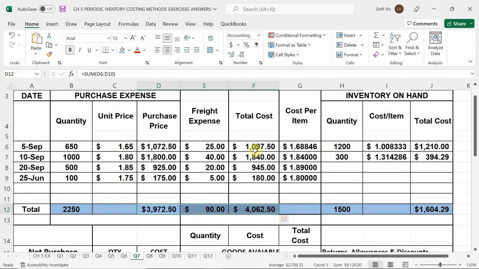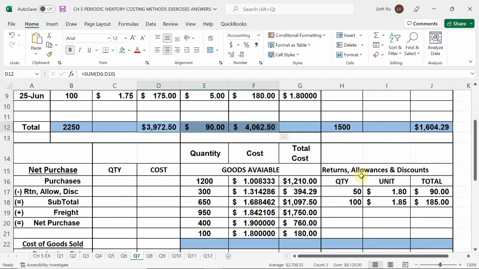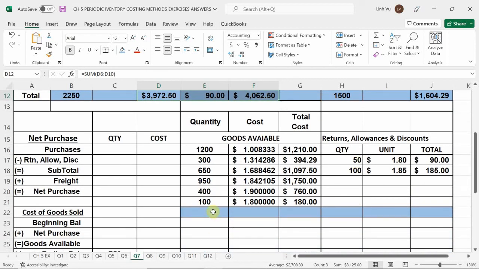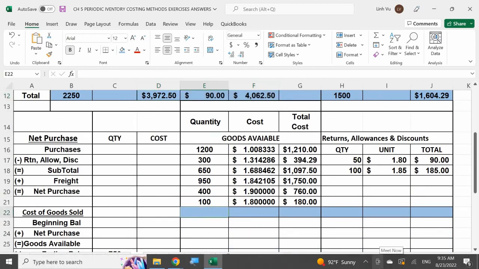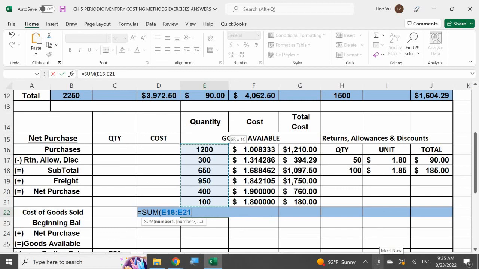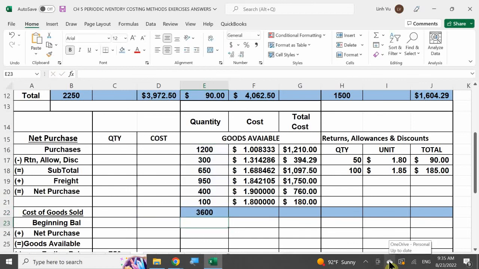All right, so now that I have that, I also need to solve for down below what my total goods available is going to be. In this case, if you want easy, quick math, you could do 2250 plus your 1500. So 1500 plus 2250 should give you 3750.